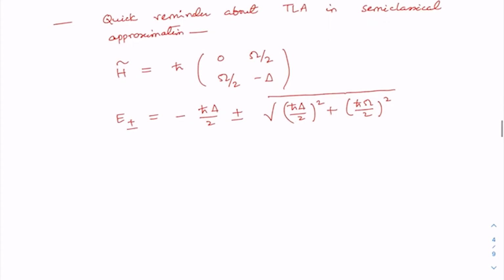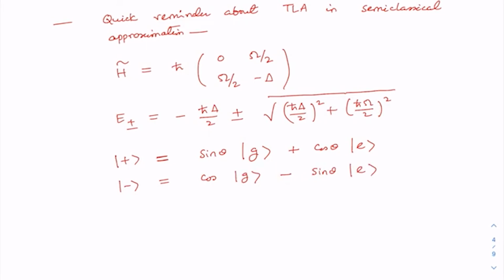The dressed states we worked out were defined such that the plus ket is equal to sine theta times the ground state of the atom, ket g, plus cos theta times ket e, while the minus ket is equal to cos theta ket g minus sine theta ket e.